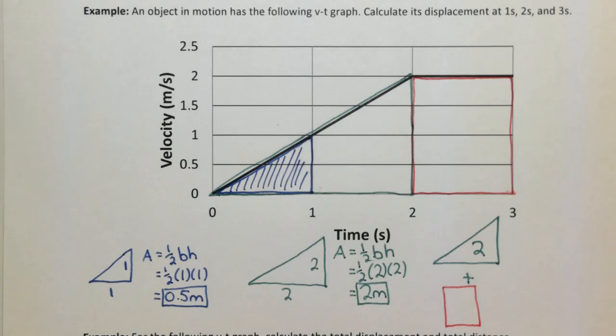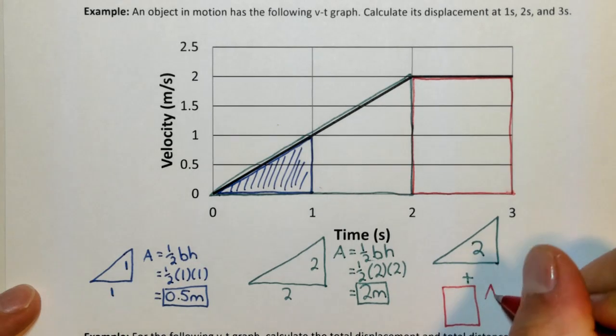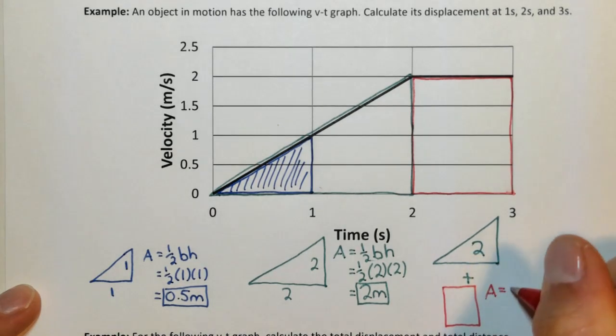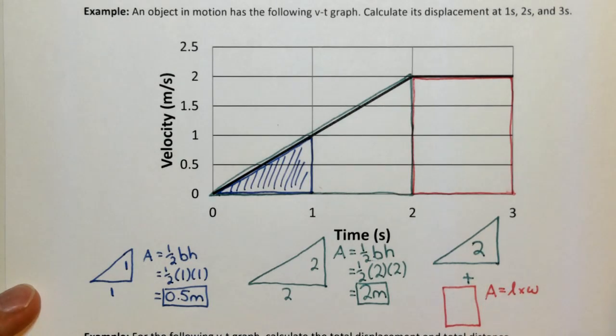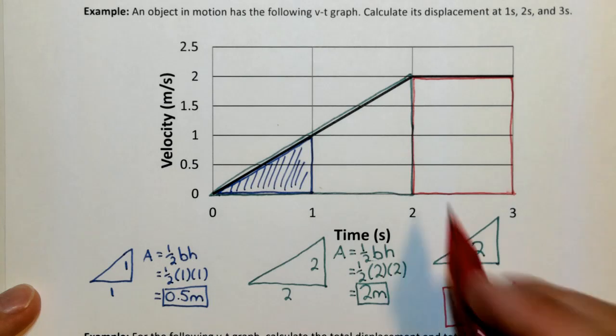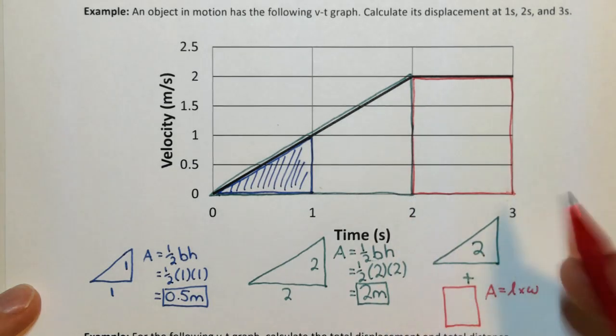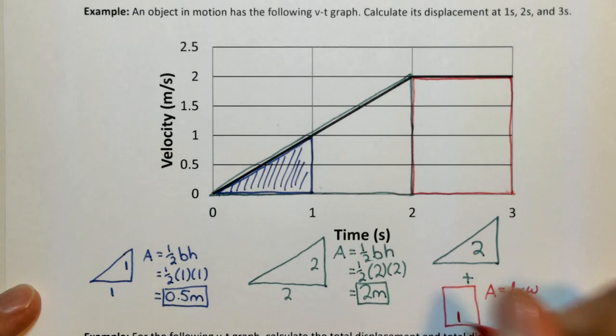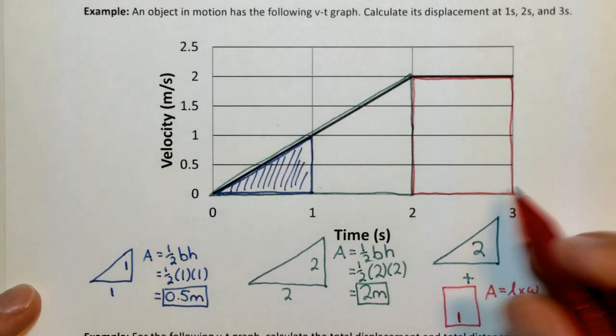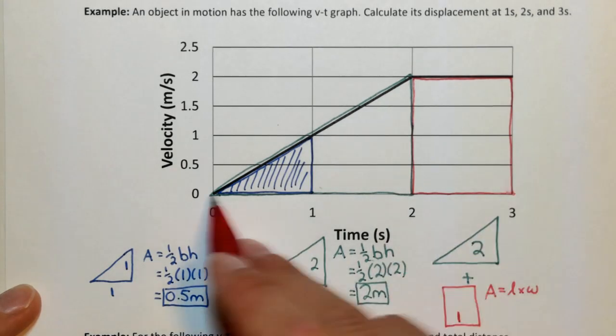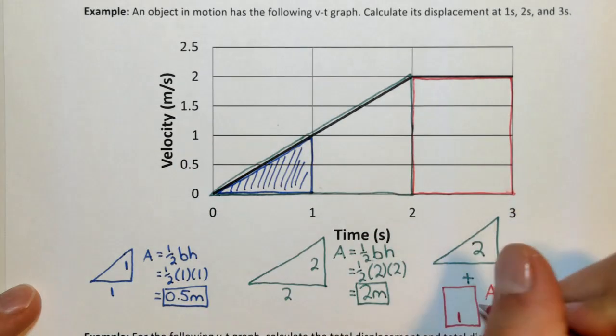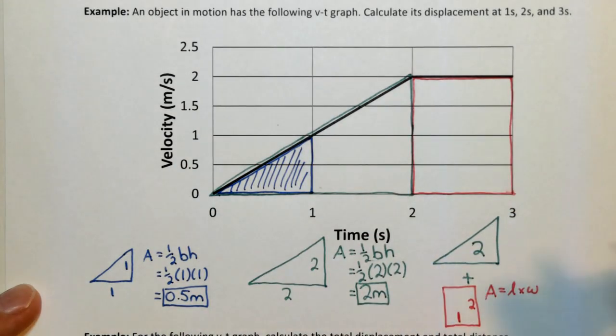And my red rectangle, well, area of a rectangle is just length times width, or base times height. Length of this triangle, or base of this triangle, it goes from 2 to 3, so that's a base of 1. The height, well, it goes from 0 to 2, so that's a height of 2.